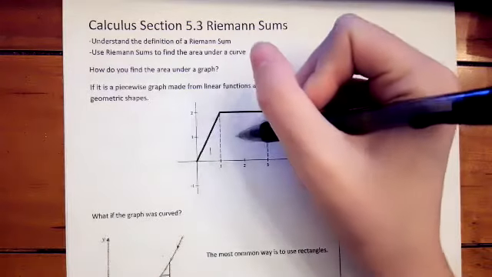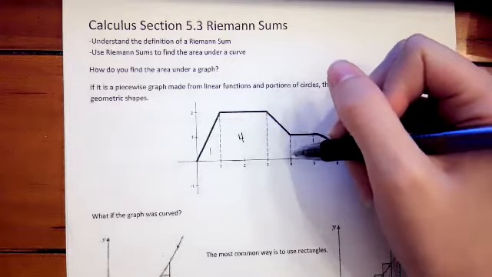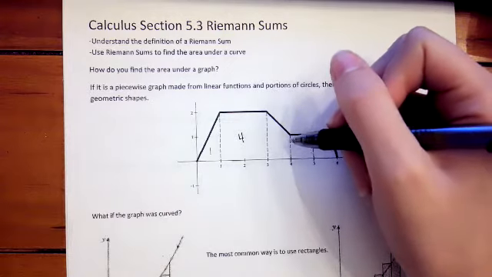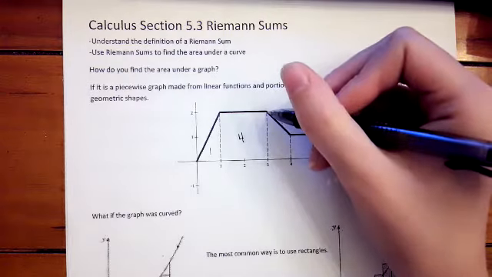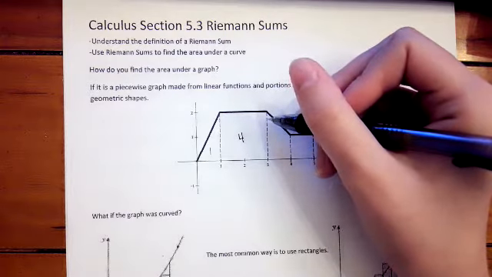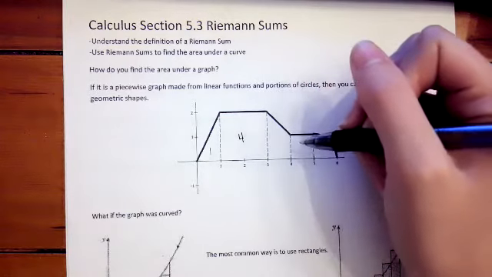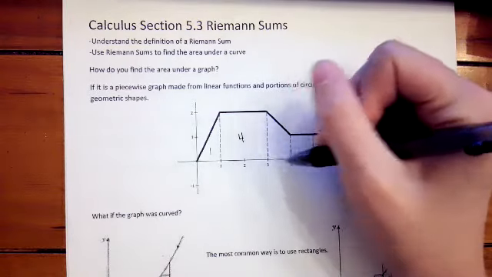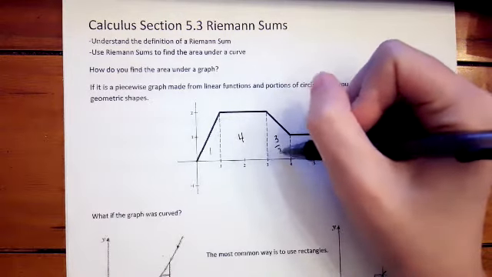Then we've got a square that's 2 by 2. That gives us an area of 4. We've got a trapezoid, so we're going to do base 1, which is 1, base 2, which is 2, that's 3, divided by 2 times the height across the bottom here, which is 1, so 3/2.